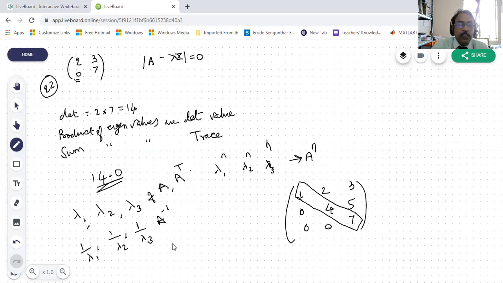So this is question number 2. Wow. Question number 2. Limit x tends to pi by 2.